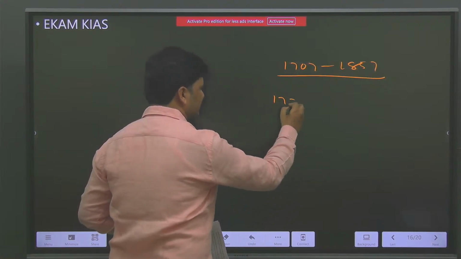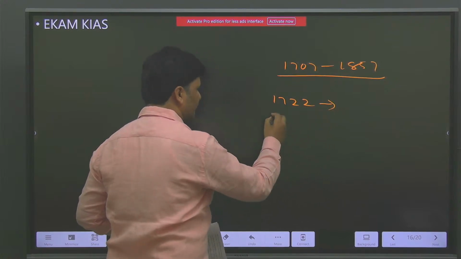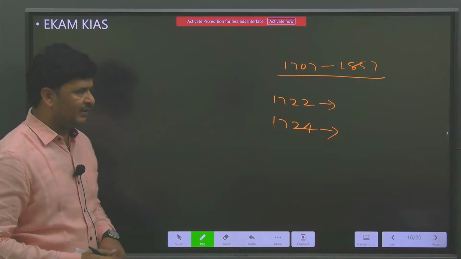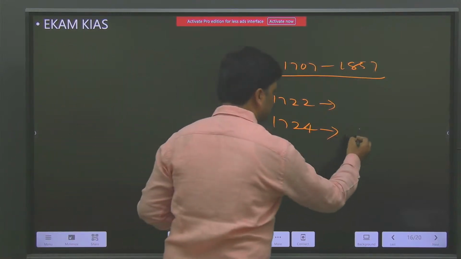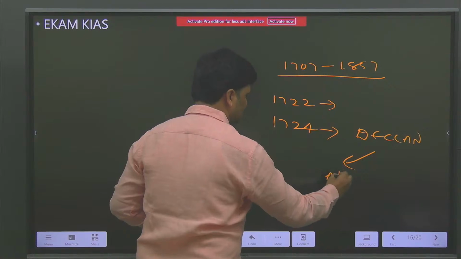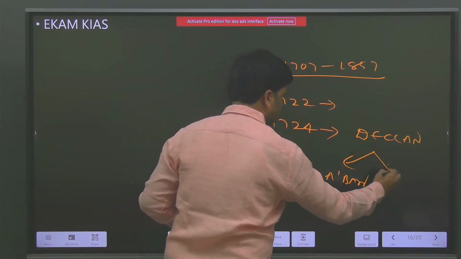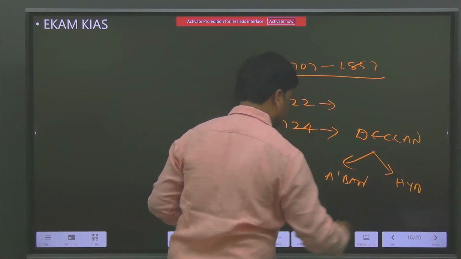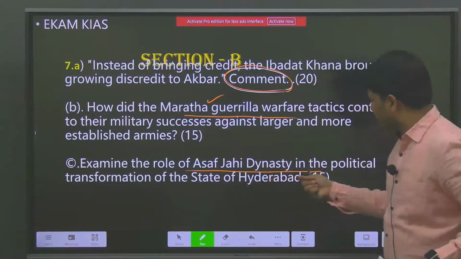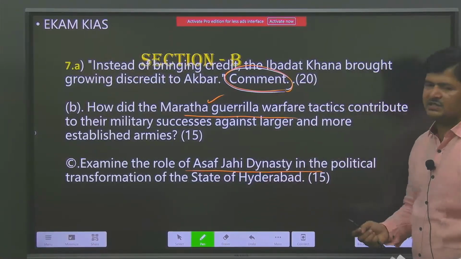In 1722, Awadh came out from the Mughal Empire, and in 1724, the Deccan came out from the Mughal Empire. The Deccan kingdom had two capitals: the first, Aurangabad, and the second, Hyderabad. The question is to examine the role of the Asaf Jahi dynasty in the political transformation of the state of Hyderabad.